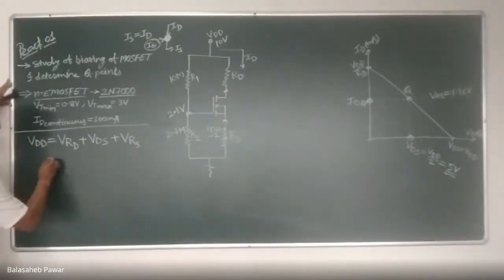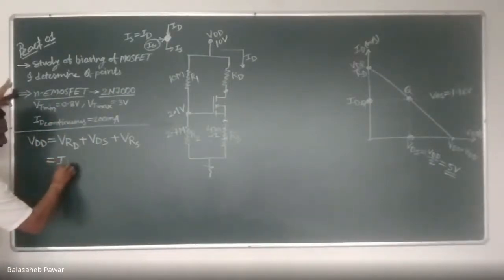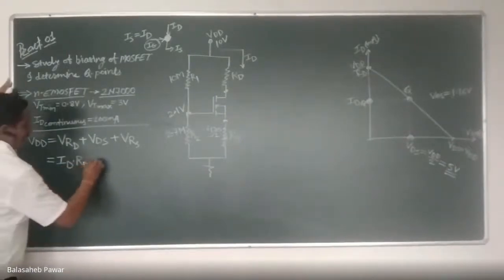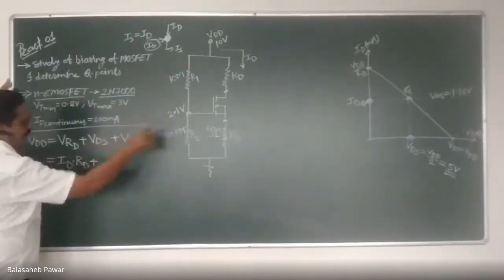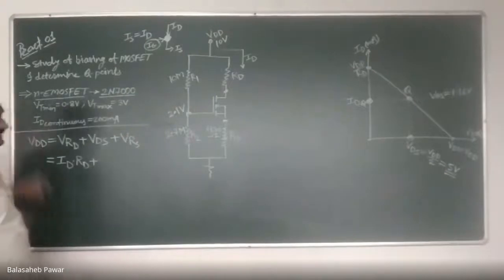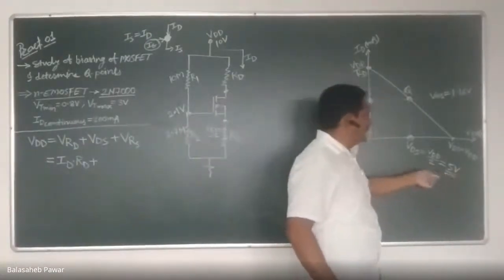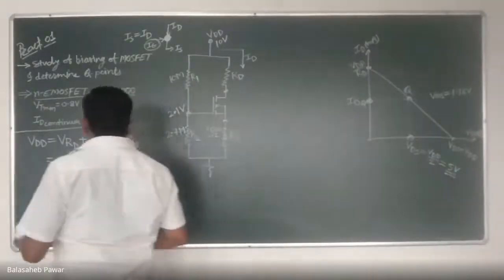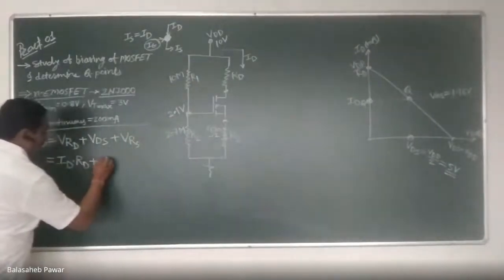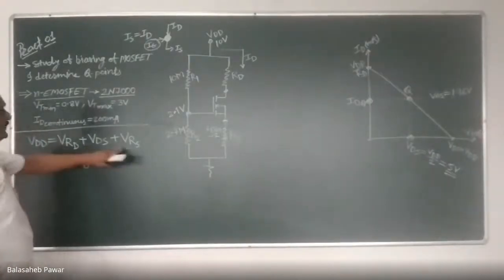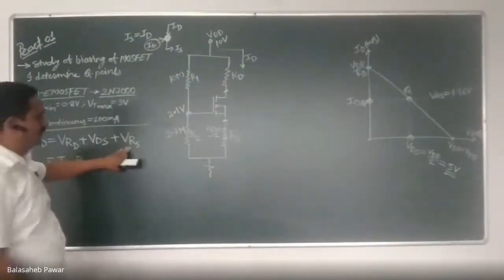What is VRD? Voltage drop across RD is nothing but ID into RD, correct? Plus voltage at the drain with respect to source. How much is it to be taken? As we know that the transistor is operating at the center, the voltage measured at the drain with respect to source will be 5 volts, plus VRS, that is voltage drop across RS.